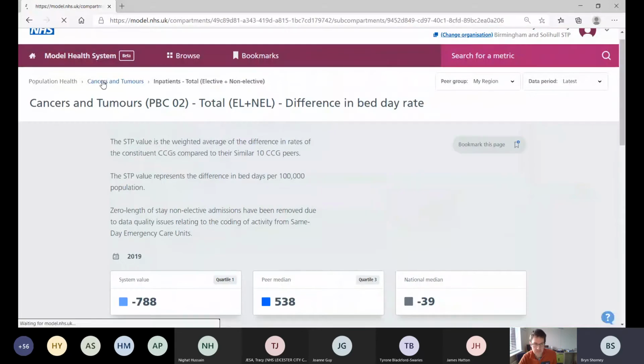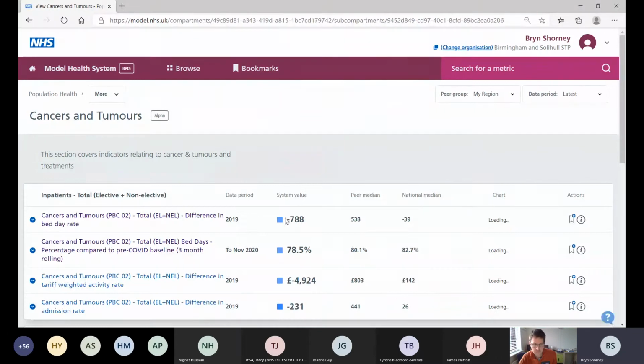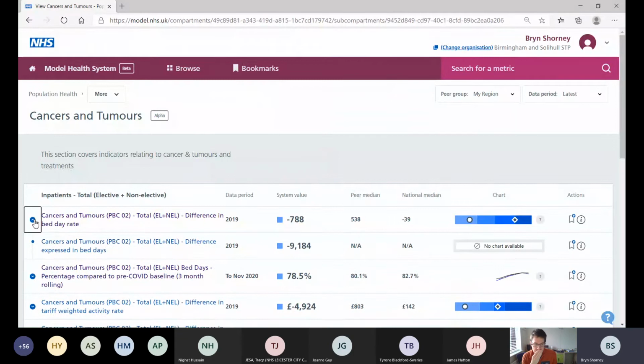We also have that rate there of -788, which is the value per 100,000 population. We've got an indented metric there that just expresses that in the number of bed days. So if every CCG within the STP had a rate at the average of their demographic peers, that would be an extra 9,000 bed days per year for cancer for this STP.